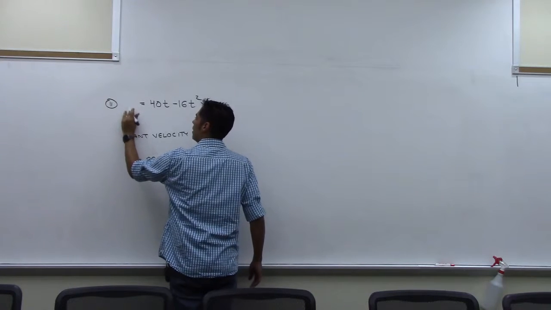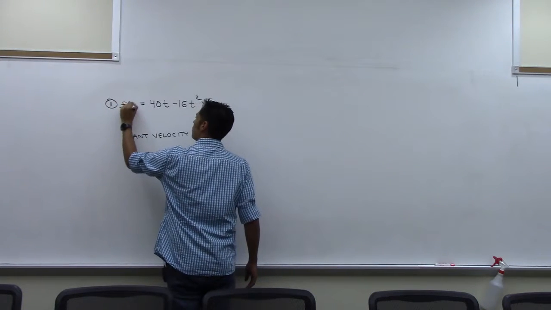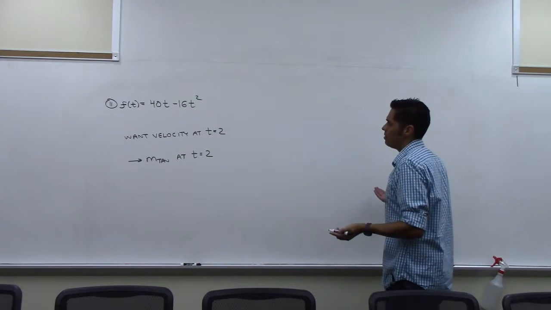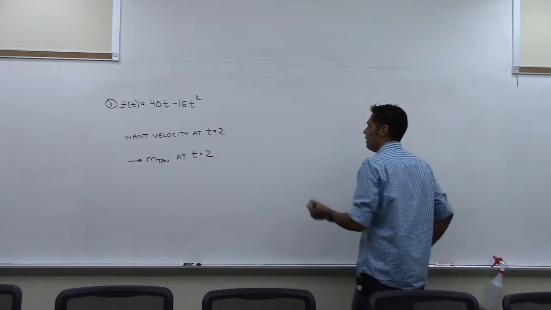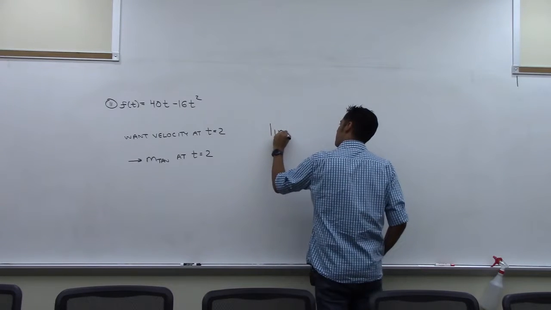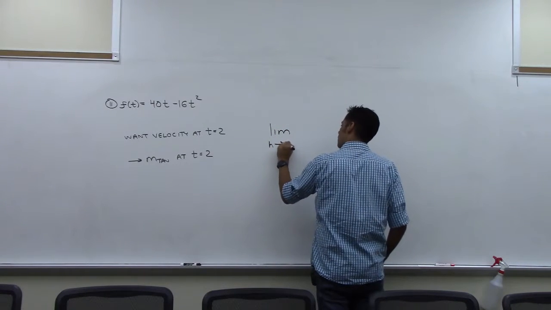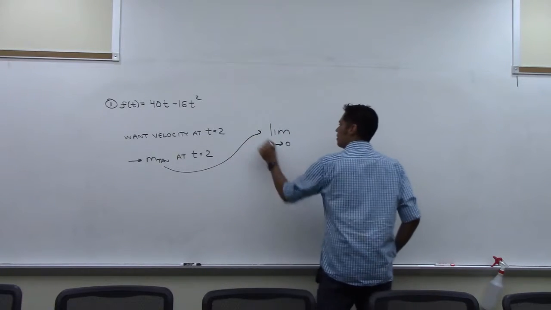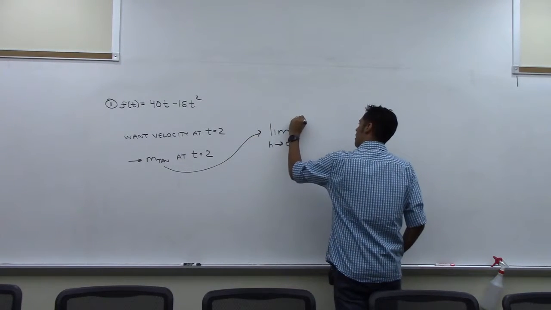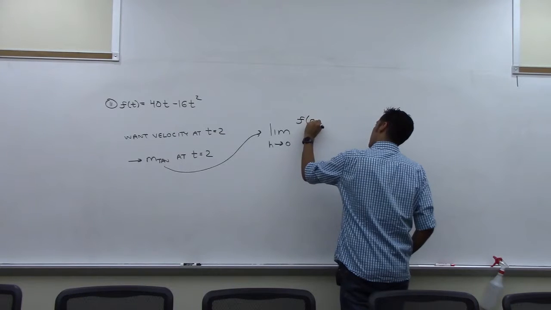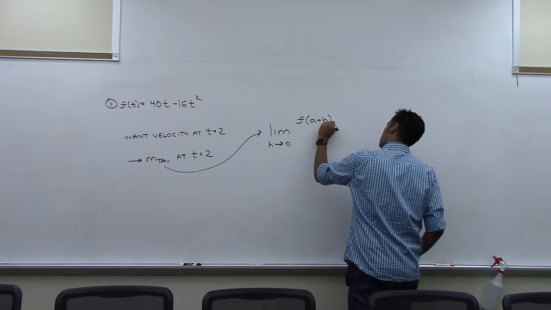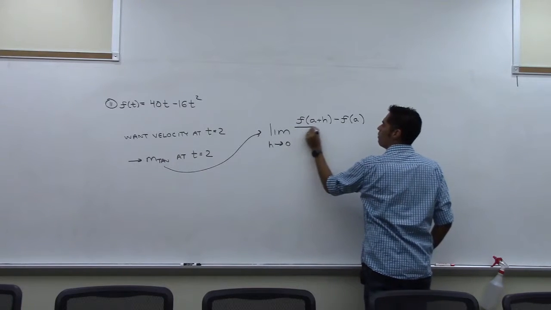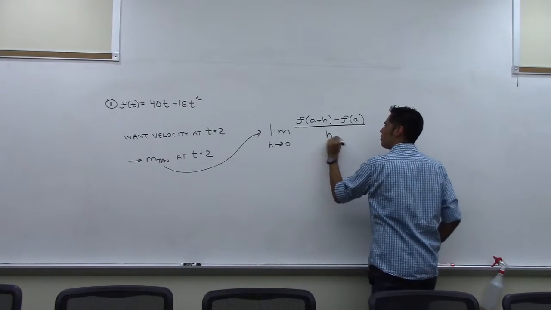I'm going to call it f of t, not f of x. Notice that our variable is t. And then I can use either one of the definitions to come up with the slope of the tangent line. I'm going to use this one, limit, as h goes to 0. So this slope of the tangent line will be this. F of a plus h minus f of a over h.